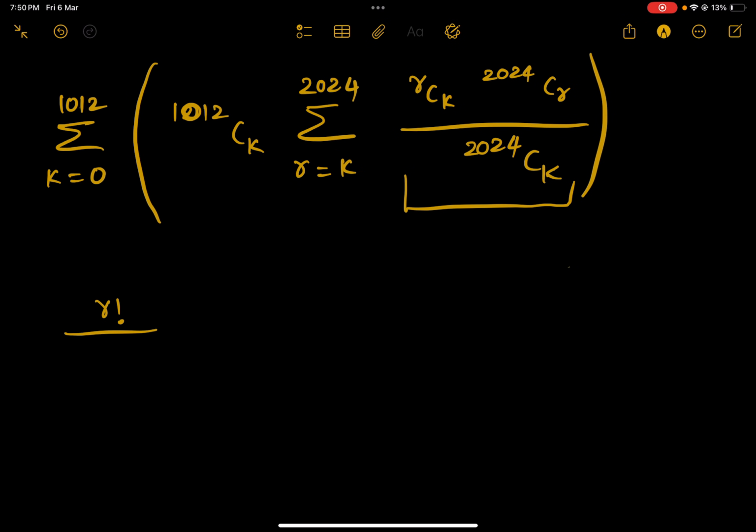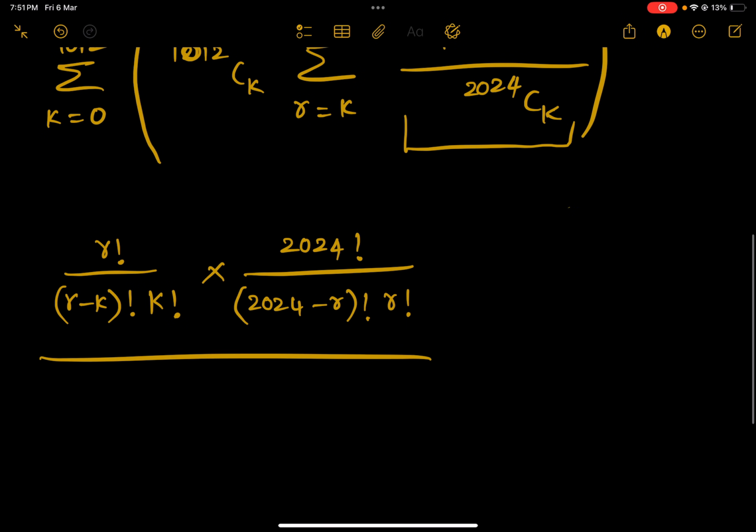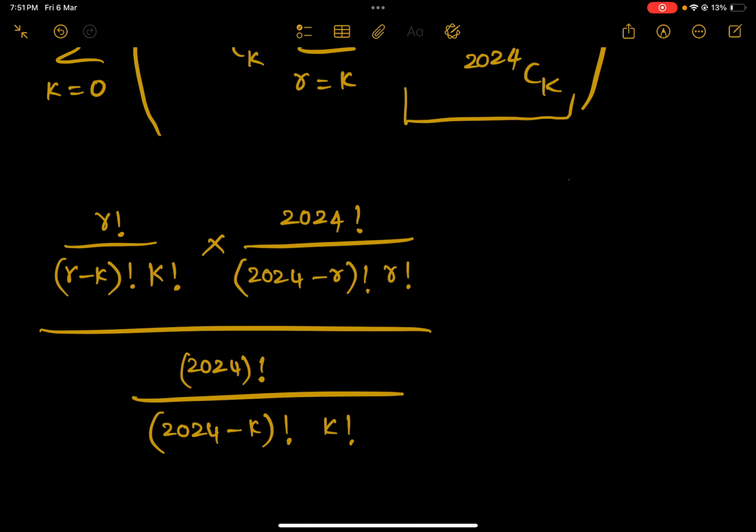rCk is simply r factorial upon (r minus k) factorial multiplied by k factorial, multiplied by 2024 Cr, which is 2024 factorial divided by (2024 minus r) factorial multiplied by r factorial, divided by 2024 Ck, which is simply 2024 factorial upon (2024 minus k) factorial multiplied by k factorial. This is what you have. So this term and this term will get cancelled, this r factorial will get cancelled, and this k factorial will get cancelled.